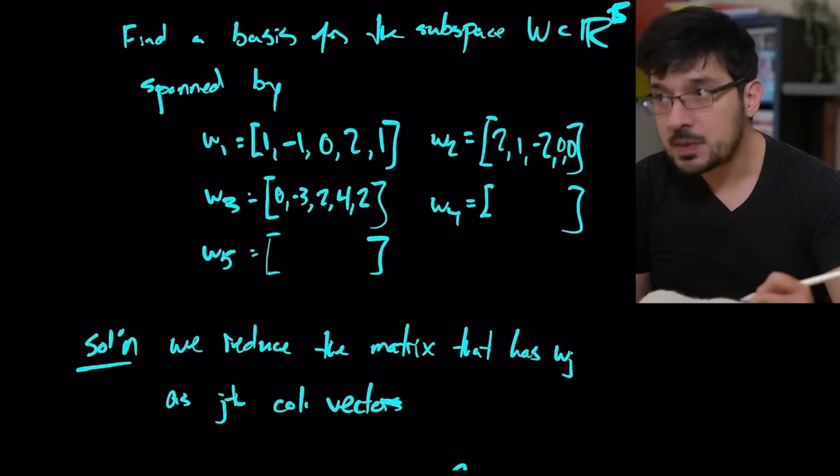So then W1, W2, W5 would form a basis. The span of these is equal to the span of W1 up to W6.